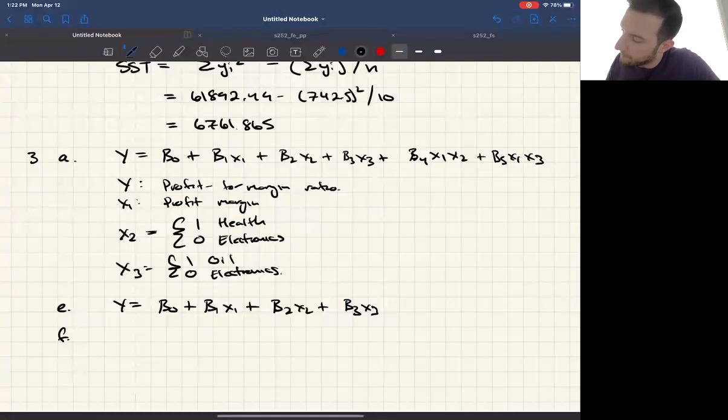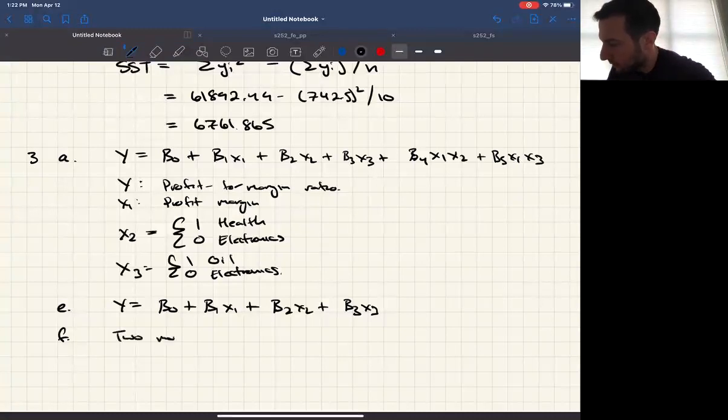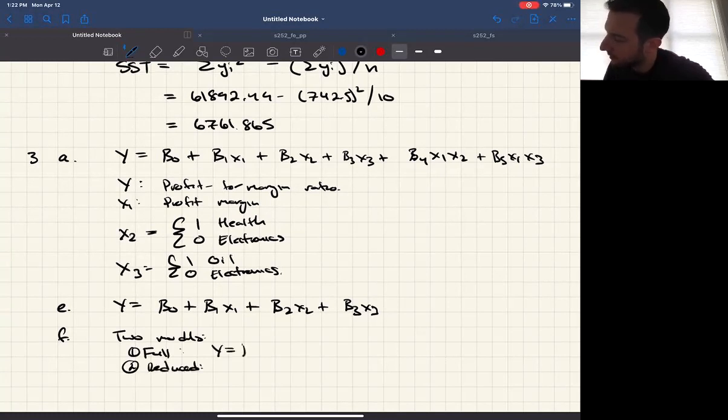All right, so we have two models. We have the full model and we have the reduced model. The full model is the model with interaction terms.